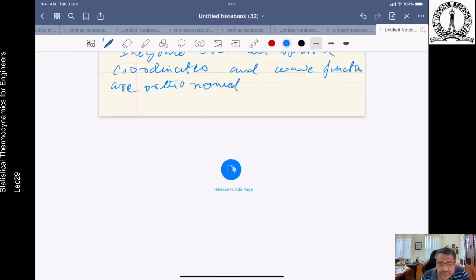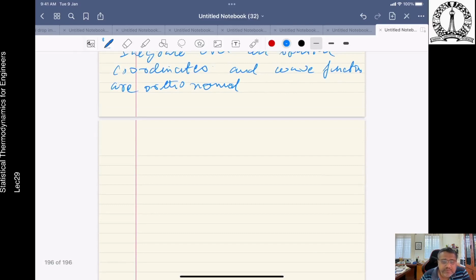And we also know that omega equals (E2 minus E1) divided by h bar.